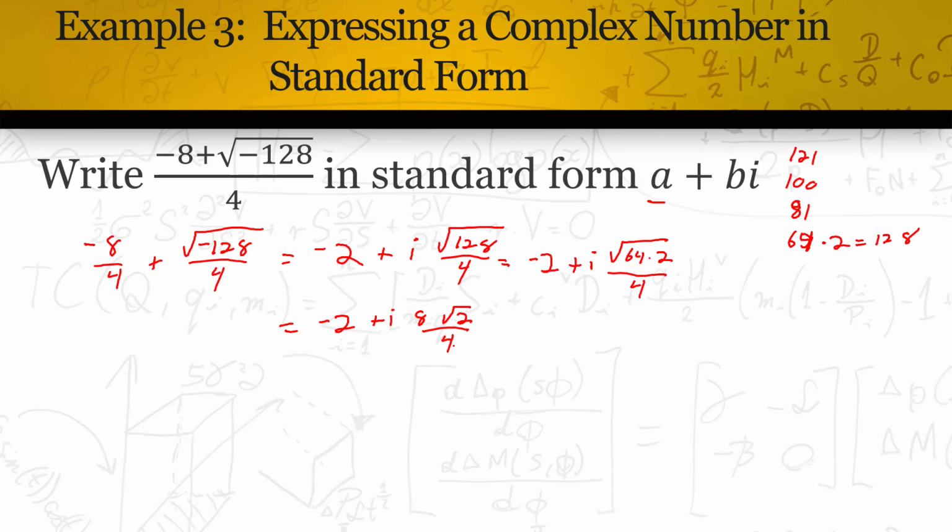Then notice that 8 divided by 4 is just 2, and that gives us our final answer, which will be negative 2 plus i times 2 times the square root of 2. And that would be in standard form. You could also write this as negative 2 plus 2 root 2 times i. That's probably better. I just like to keep this away from the radicals so there's no confusion there.